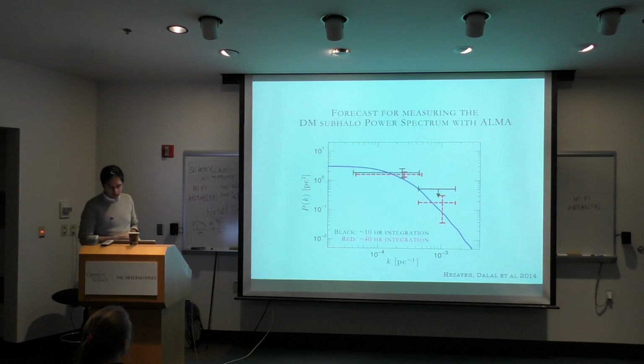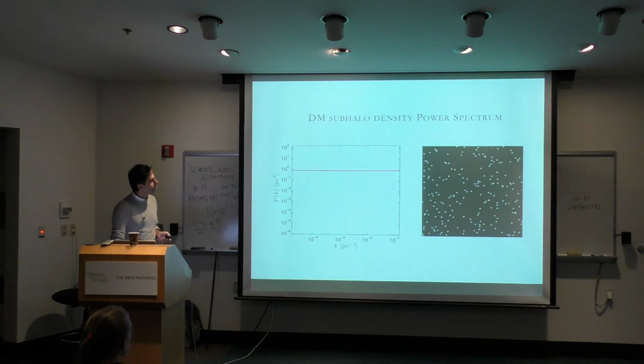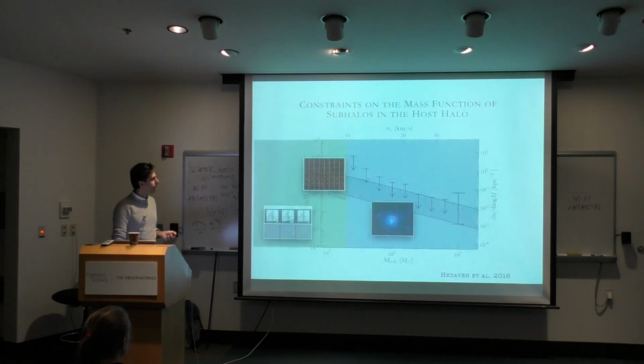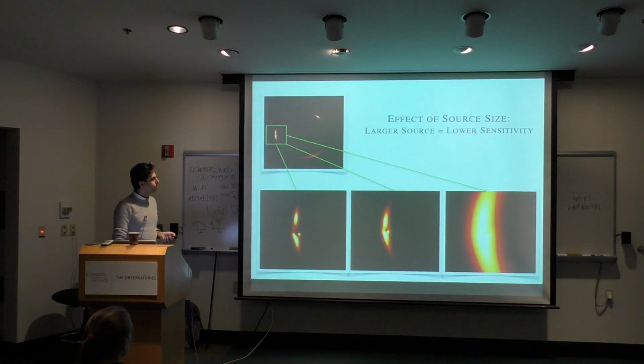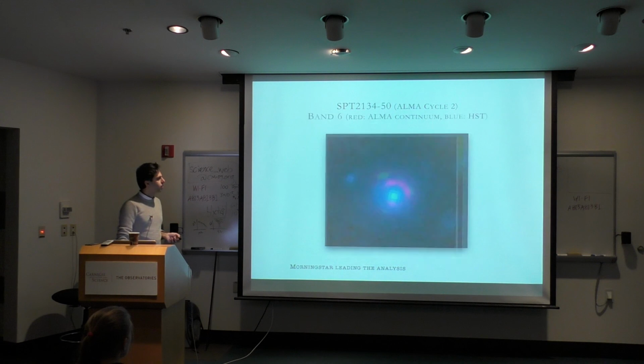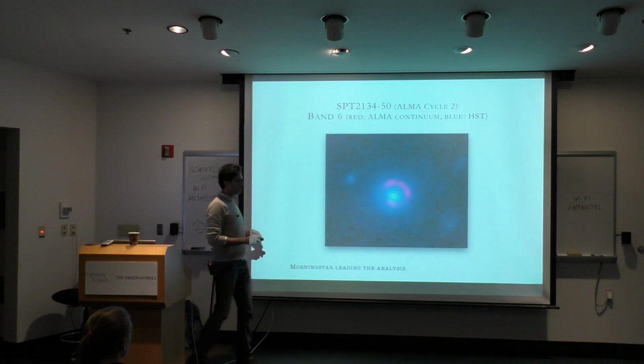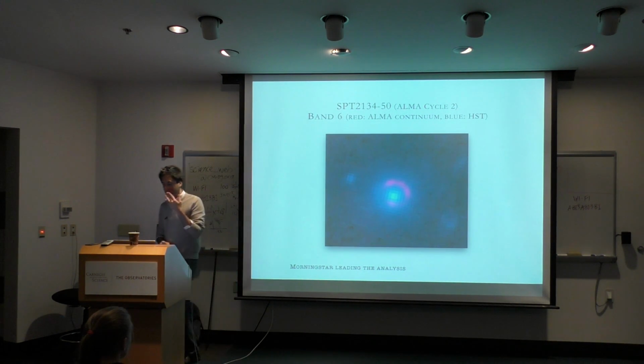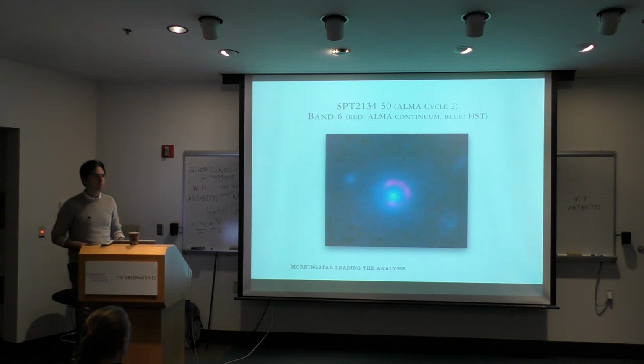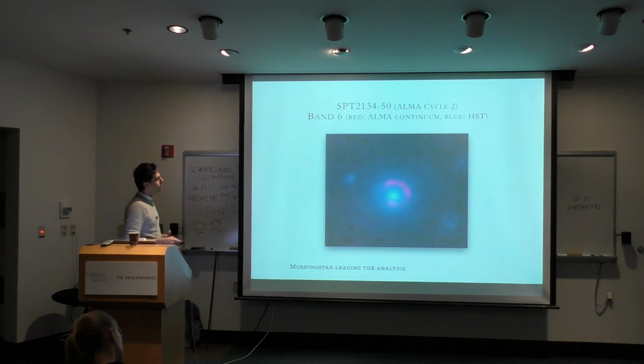So I showed one of our lenses from cycle 2. We had wanted to look at 5 sources in cycle 2, and at the time, they offered 1.5 kilometer baselines. That was the maximum baseline they allowed, and that was the best we could do. So we tried it.